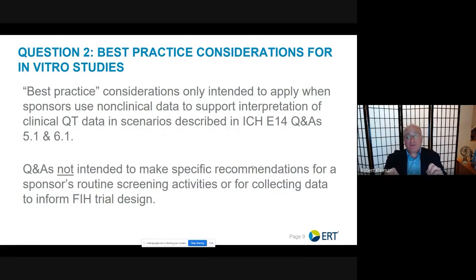These are not intended to be guidelines that must be followed for all non-clinical studies conducted for new compounds. You may use the standards that you're currently using, or you may decide to always use best practices for your patch clamp studies. That's really up to you, and it's not obligatory.